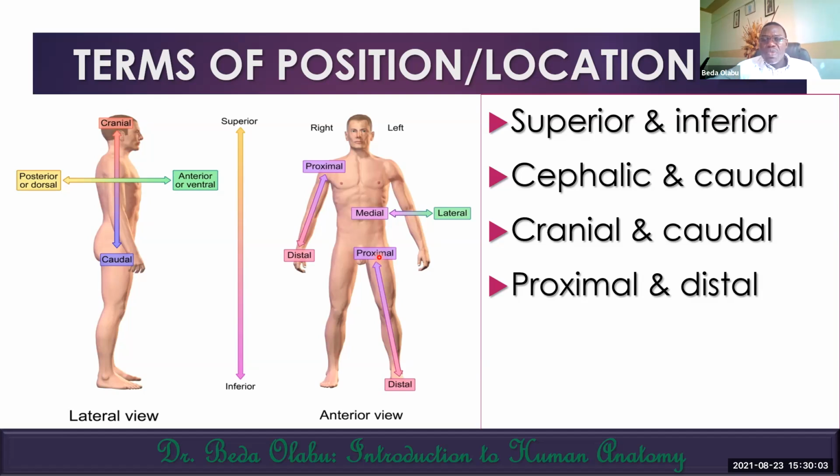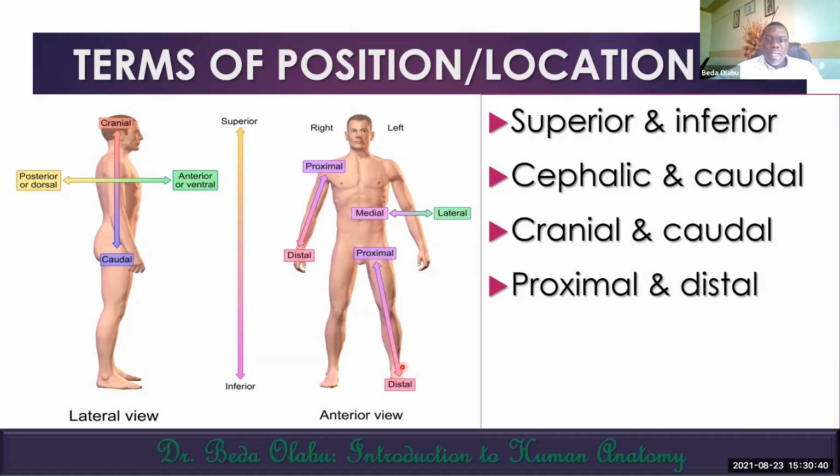Remember, the limbs are attached to the trunk. So the closer a part of a limb is to that attachment, the more proximal that part is. And the farther a part of a limb is from that attachment, the more distal that part is. Proximal means closer to the origin in the trunk, or closer to the attachment in the trunk. And distal means away from the attachment in the trunk.